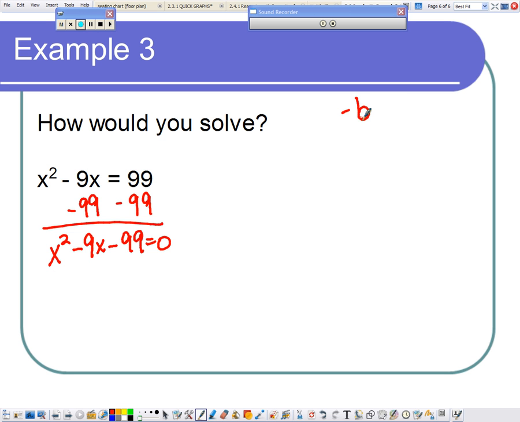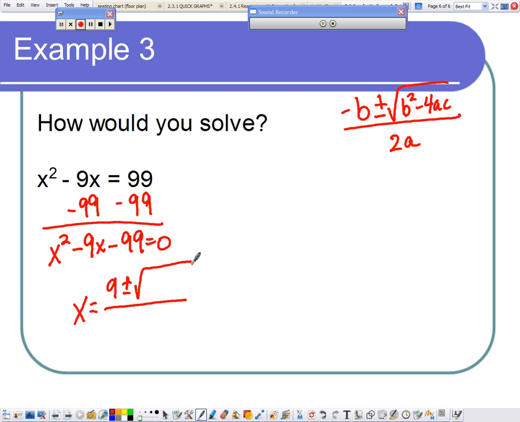Okay? So remember, our formula is negative b plus or minus the square root of b squared minus 4ac all over 2a. So x equals negative b, which is going to be positive 9, plus or minus the square root of b squared. Negative 9 squared gives us 81, minus 4 times a times c. Okay, so 4 times 1 times negative 99 is going to give us a negative 396.